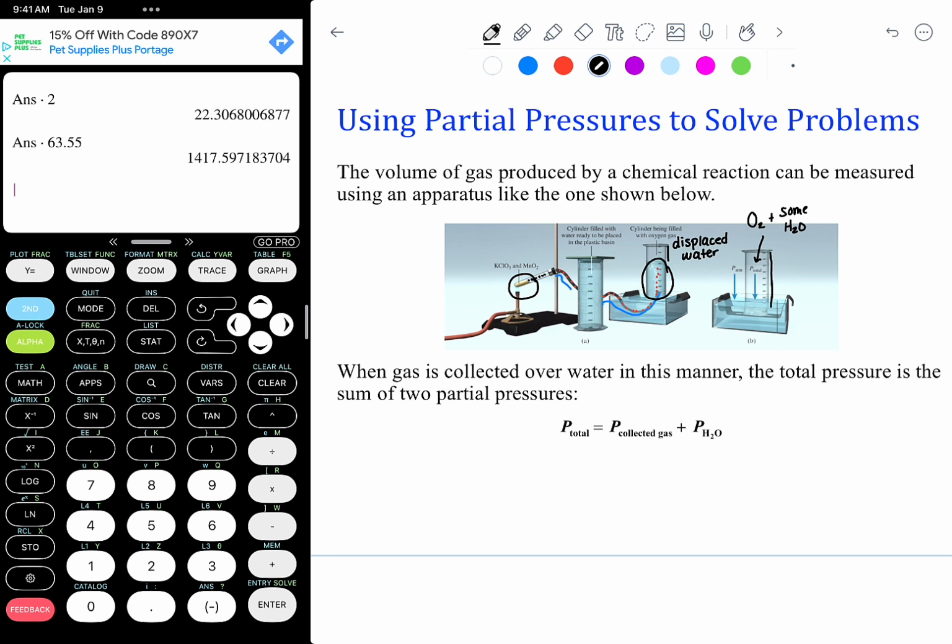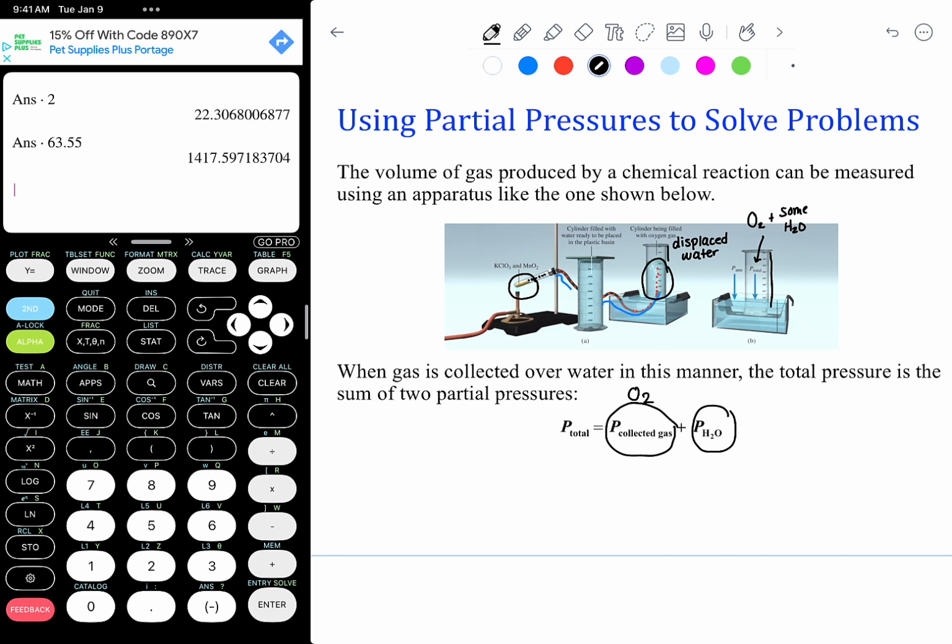Those partial pressures being the collected gas, which is in this case the oxygen, as well as the pressure of the water vapor. Now the idea here is that if we know the volume of the gas and we know the pressure of the gas, we can find the moles of the gas, which could then tell us the moles of reactant that we used in the reaction.